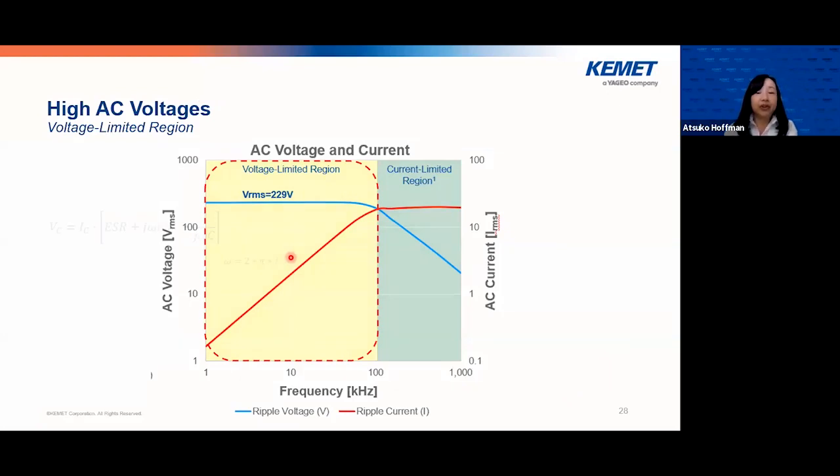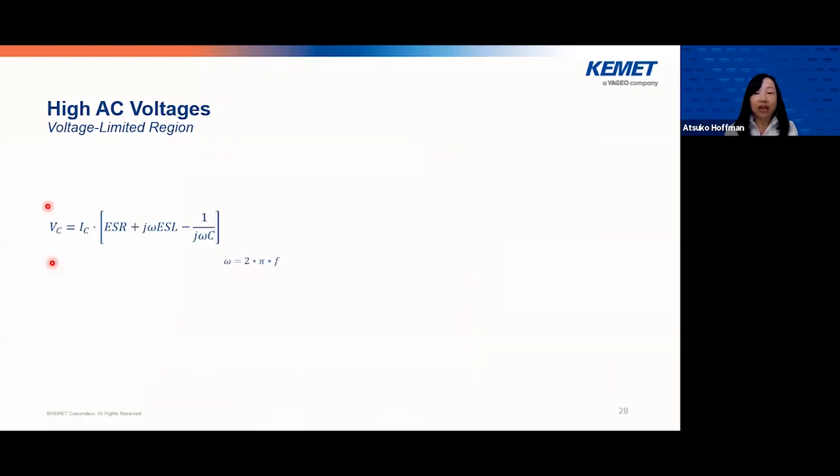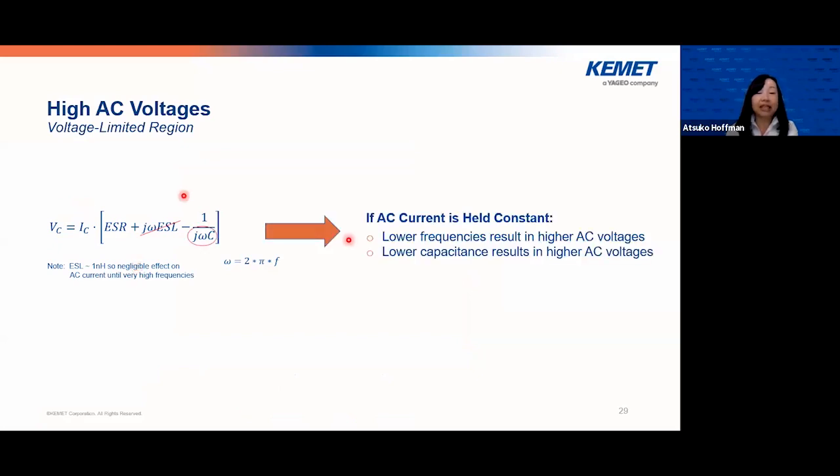Now, if you look at the voltage calculation based on AC current, here are ESR, ESL, and then j omega C and so on. Again, we can neglect the ESL value because it's so small. If you hold AC current stable and constant, you would see from this equation that lower frequencies result in higher AC voltages, and a lower capacitance results in higher AC voltages.